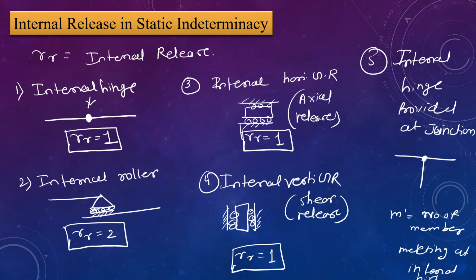The formula to calculate the internal release for this is RR equals M dash minus 1. So here for this junction, M dash is equal to 3 and RR is equal to 3 minus 1, which is 2. This is how the internal release is used in static indeterminacy.